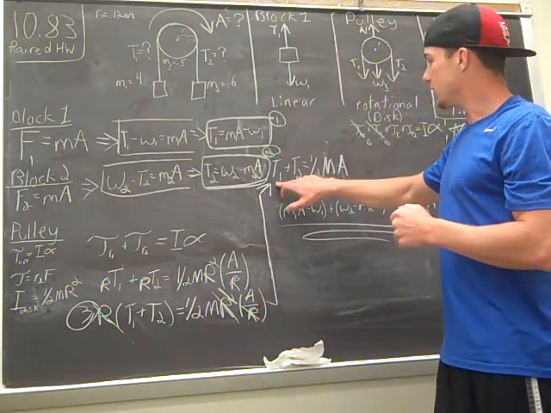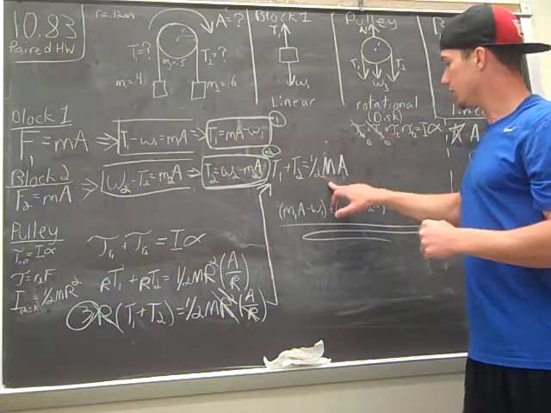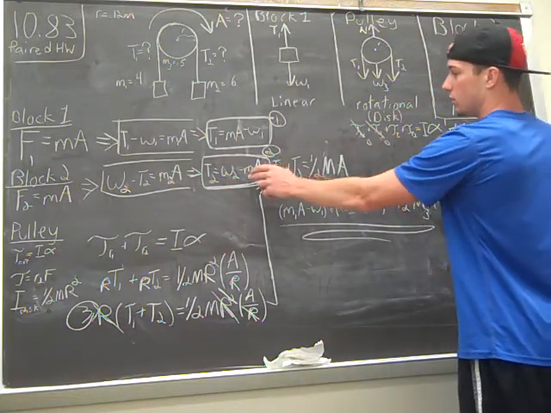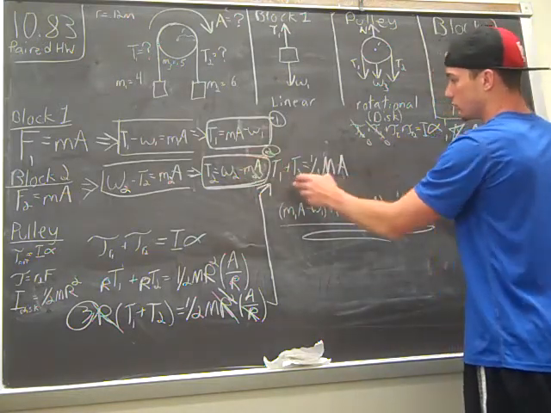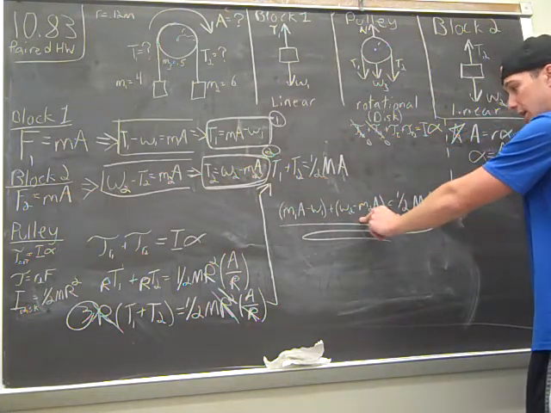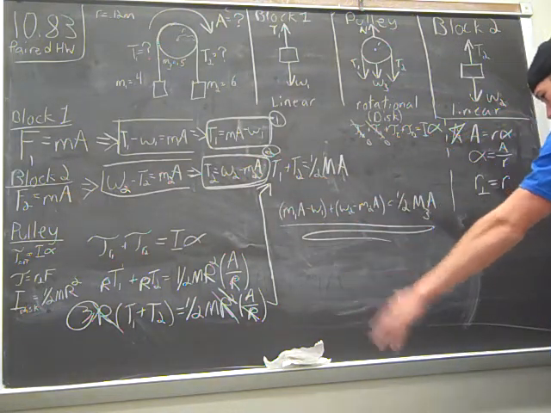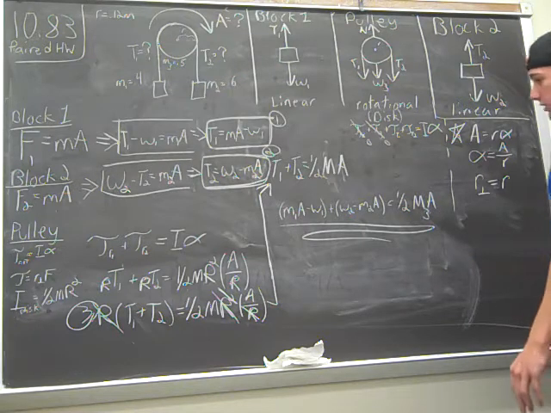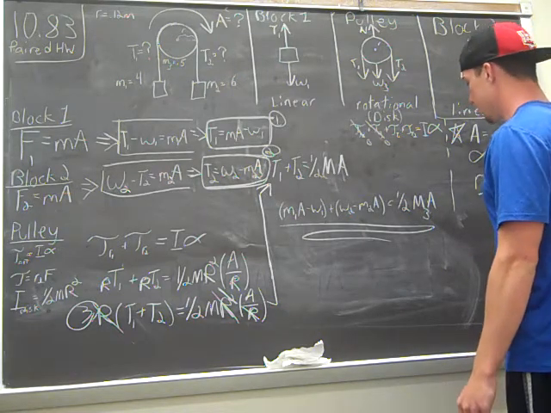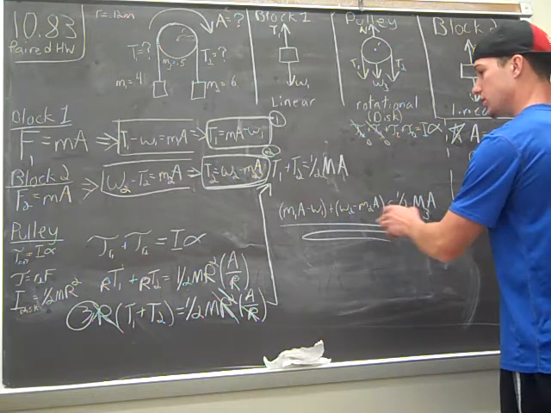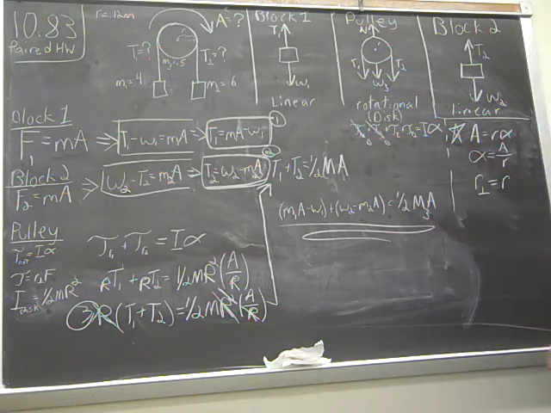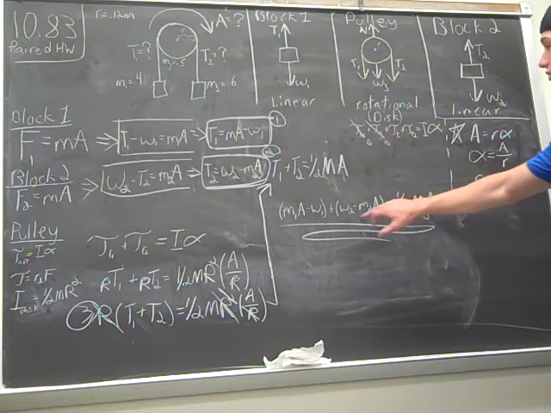So we're left with T1 plus T2 equals 1/2 ma. We already know what T1 and T2 equal, so we plug those in and solve for A at that point. We're not masters of algebra, so we have to figure this out, but up until this step, everything is good.